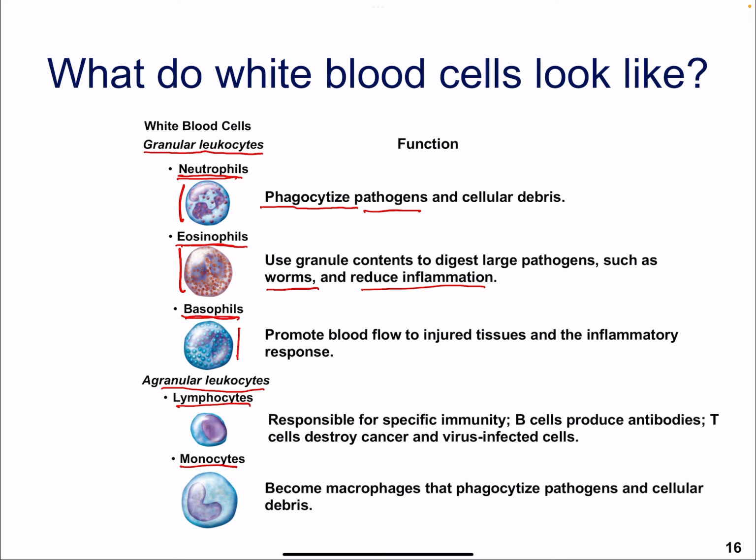Then the basophils. The basophils play a very important role in inflammatory response, right? And that inflammatory response can occur because of an injury or maybe in absence of injury. In any case, they are involved in inflammatory response. The lymphocytes, on the other hand, are responsible for specific immunity.